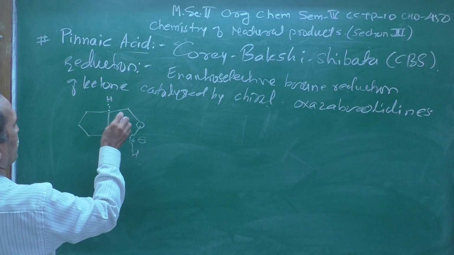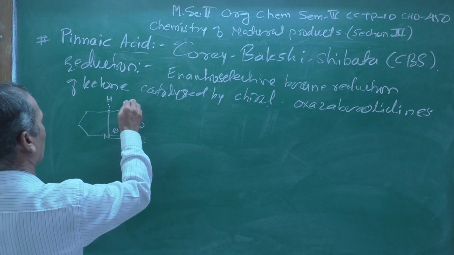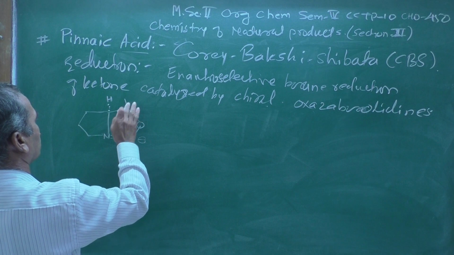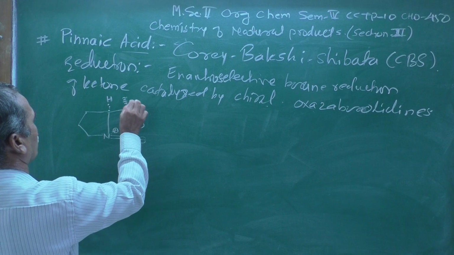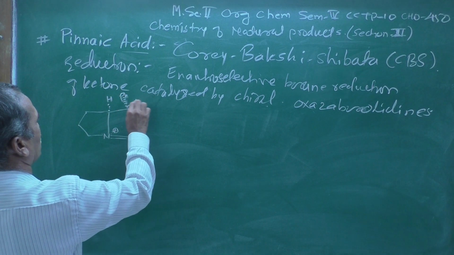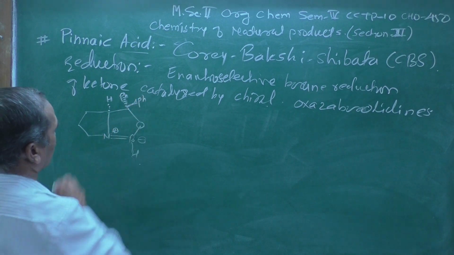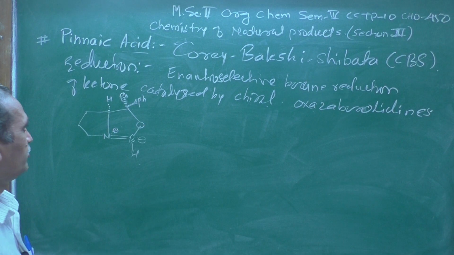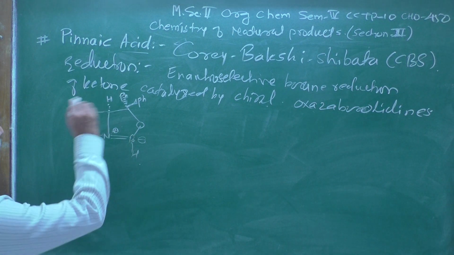Here is one hydrogen atom that is always below the plane, here I am putting one of the phenyl groups which is below the plane, and another phenyl group which comes out, which would be above the plane.